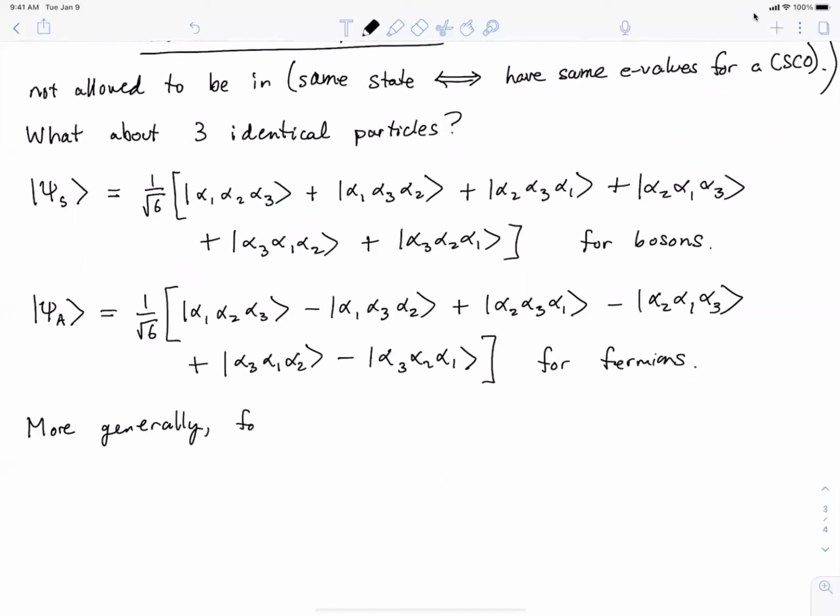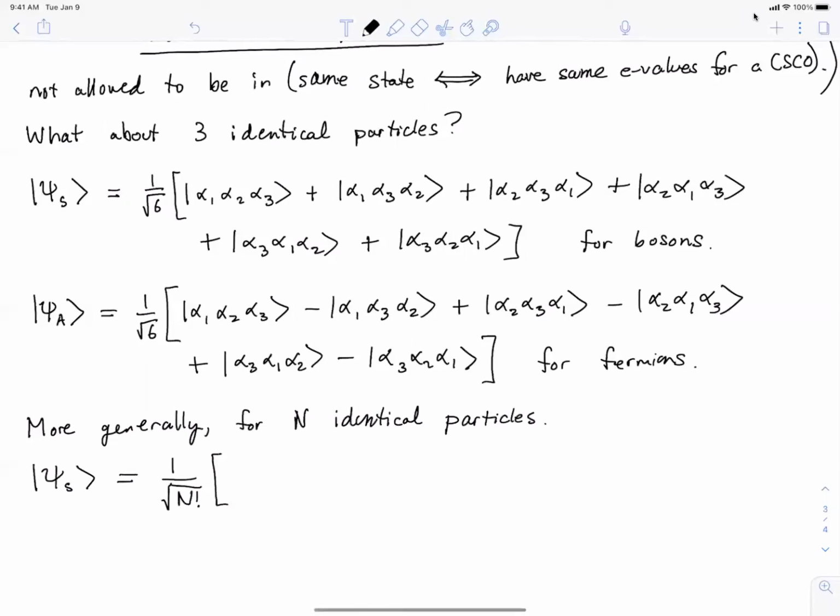So for n identical particles, okay, for the symmetric case, what we're supposed to do is, first of all, there's going to be a normalization factor that's going to be 1/√n factorial.